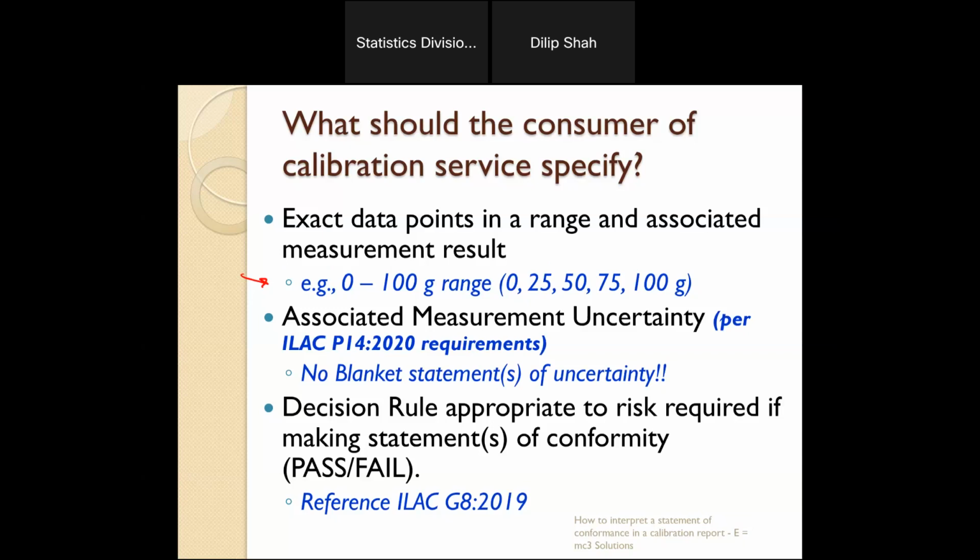And then for each one of those data points, you want the measurement uncertainty. And that measurement uncertainty should be calculated per another ILAC document, ILAC P14 requirements. It says what you should have.